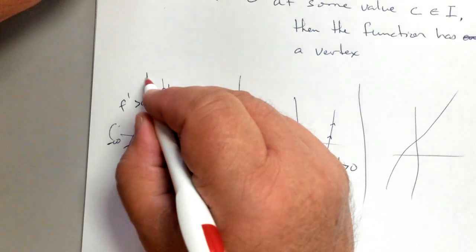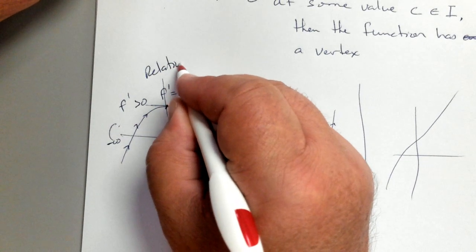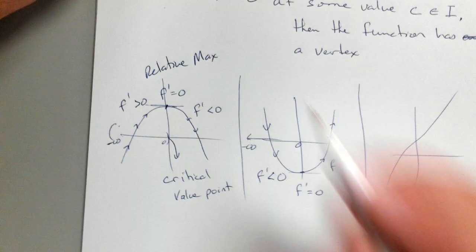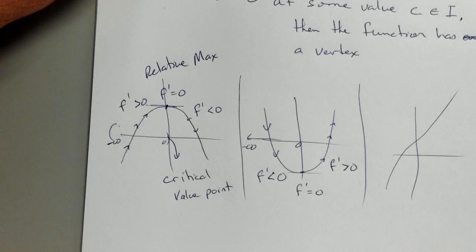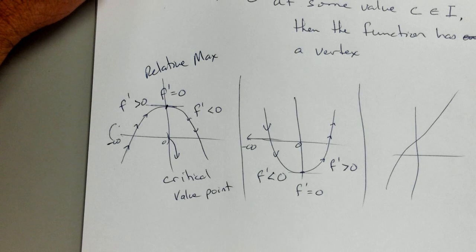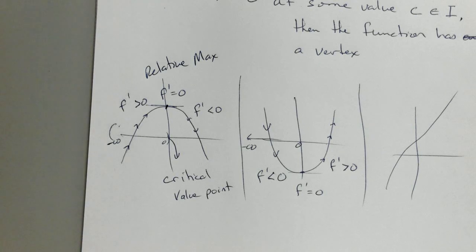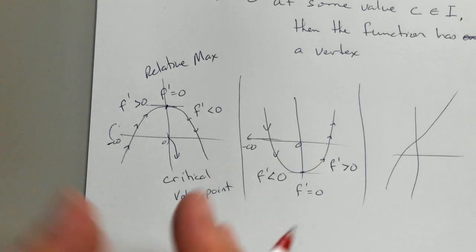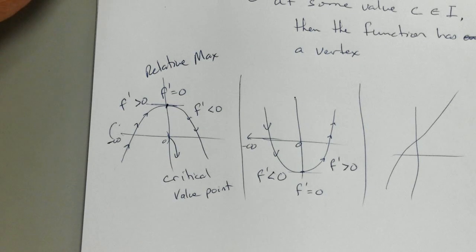It's a relative maximum. It can also be an absolute maximum if that's the entire function. But remember, our intervals are only subintervals. This could be one small part of a larger graph.